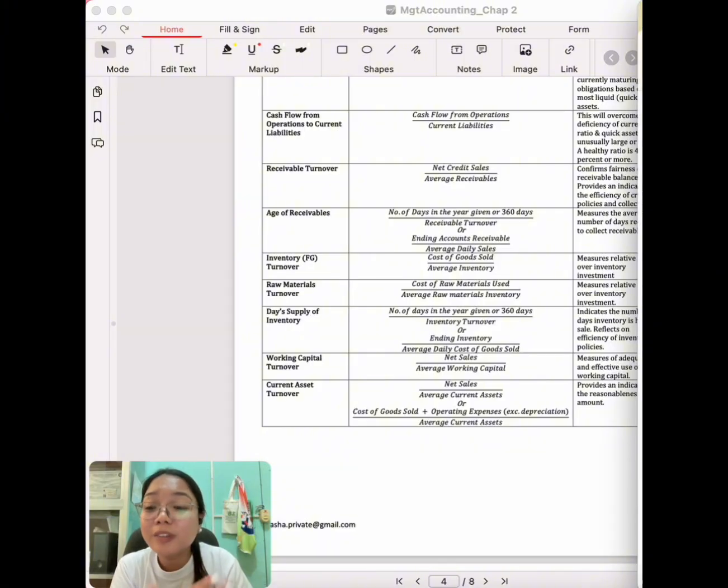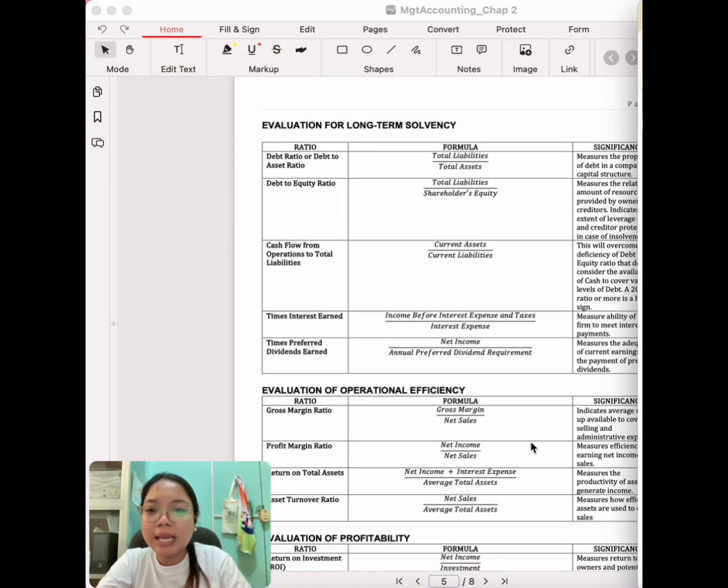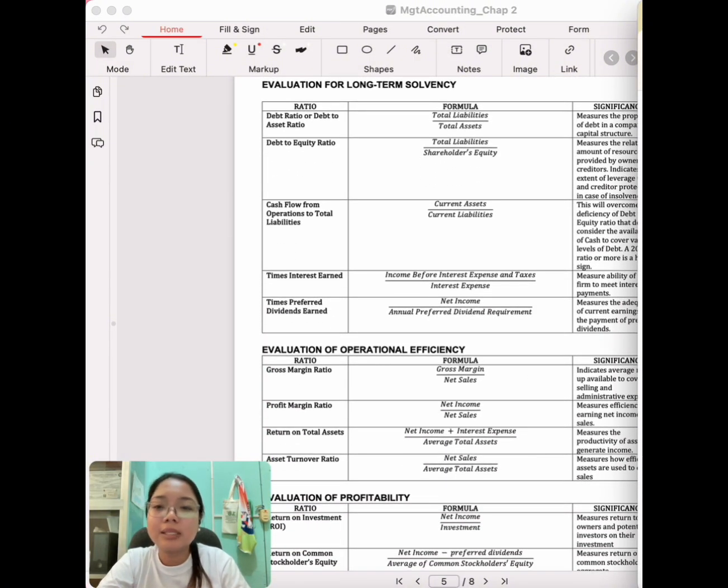So, yun ang current asset turnover. Okay? So now, let's move on sa ating mga long-term solvency formulas.